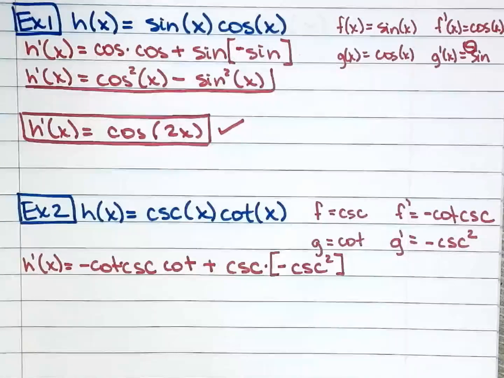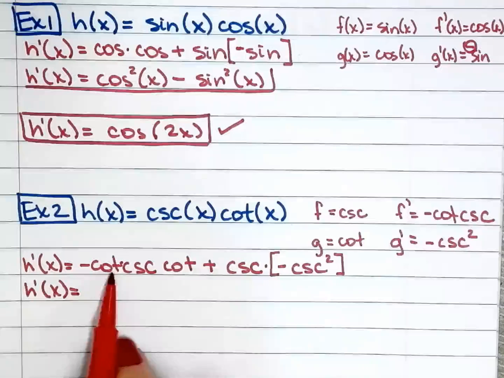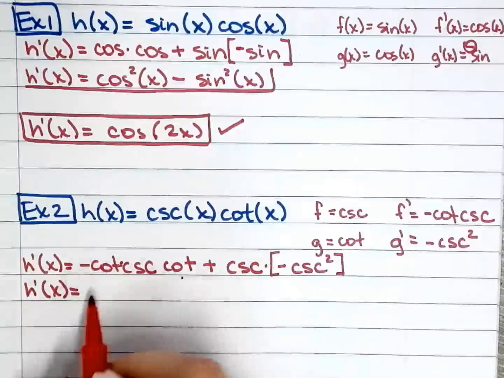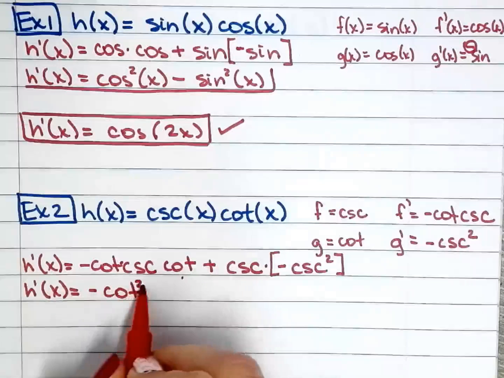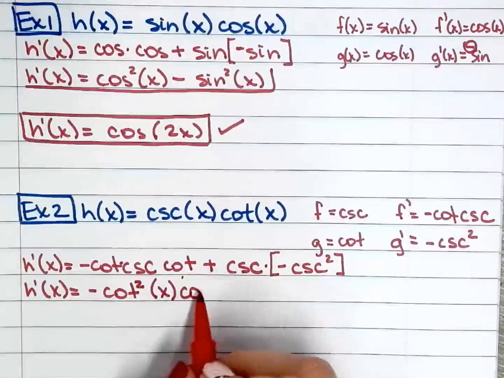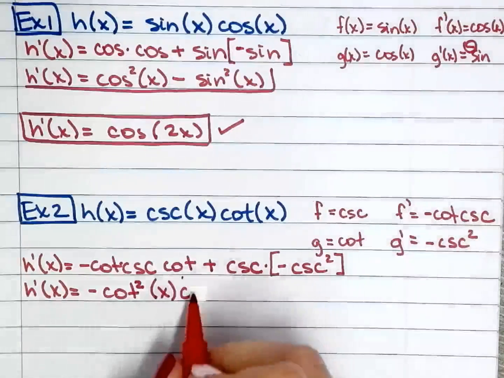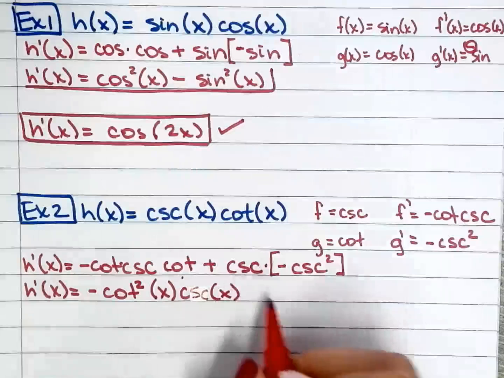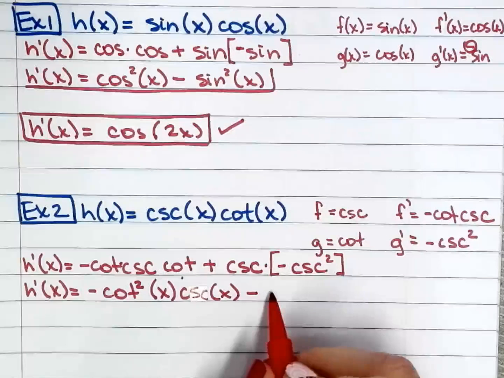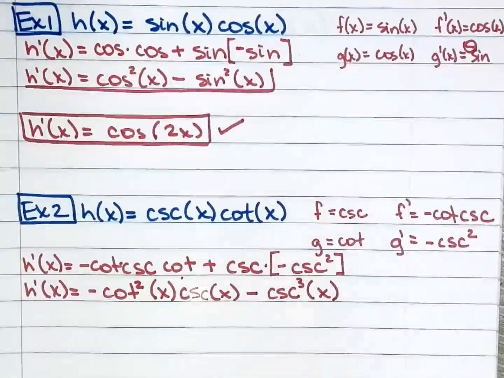Okay, let's combine and simplify this. Here I have cotangent times cotangent, so negative cotangent squared of x times cosecant of x, minus cosecant cubed of x.